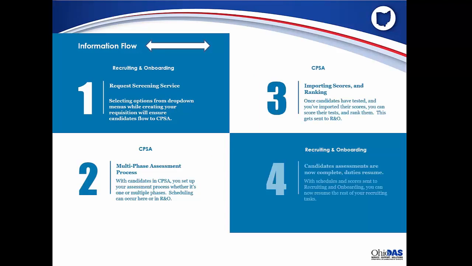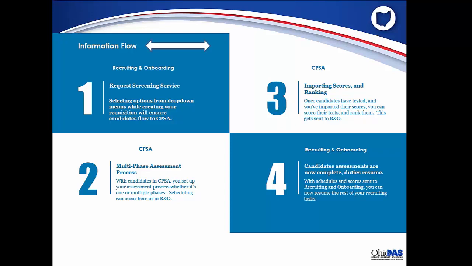And this is just a real high-level view of that information flow between the two systems. It starts in Recruit and Onboard where you're selecting options from a drop-down menu on your requisition. It's like in number 7, the external services at the very bottom. You select those options to set it up so that information will go over to CPSA.